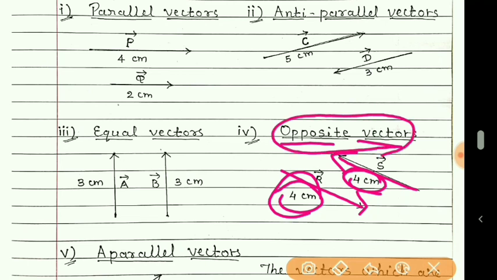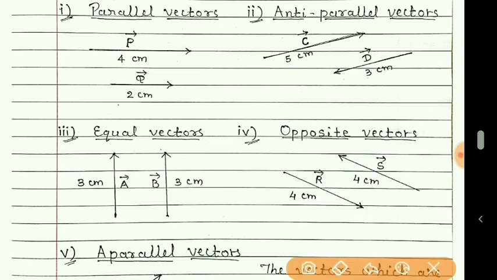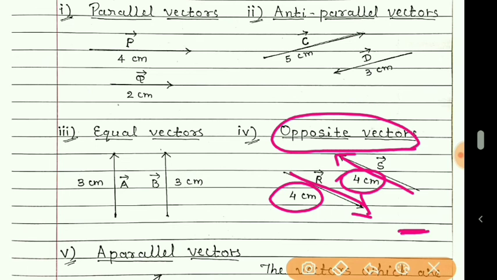And once again, opposite vectors are anti-parallel. The directions are opposite, so we can call this anti-parallel, but we have also seen that here the magnitudes are also same. So now these vectors are specially named as opposite vectors. So opposite vectors are anti-parallel, but anti-parallel vectors may or may not be opposite.